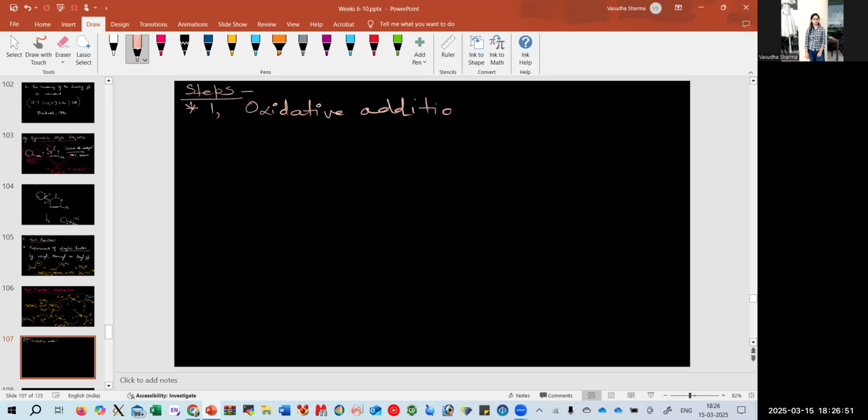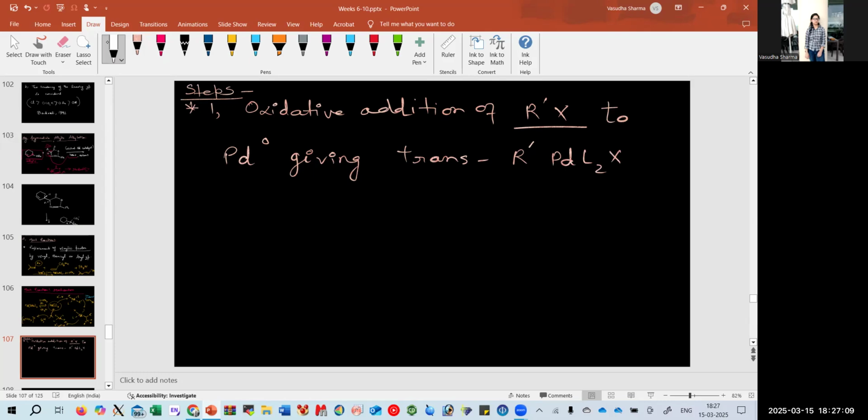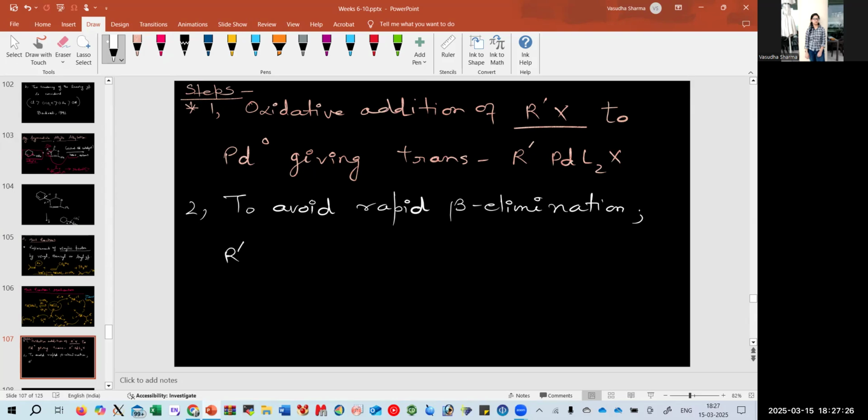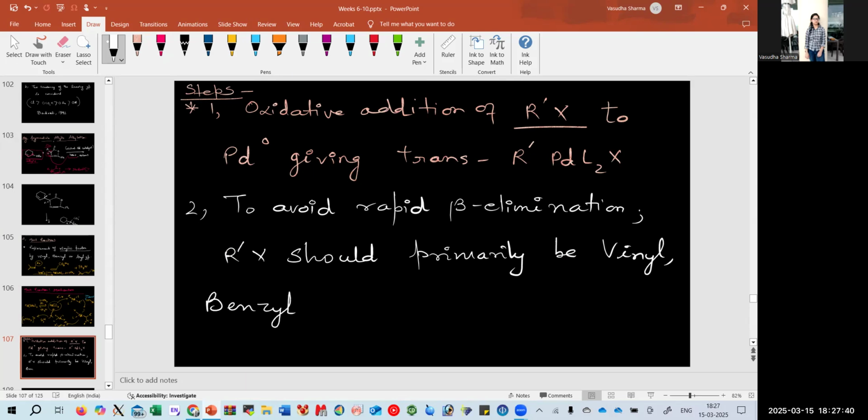First step is oxidative addition of your R-X to the palladium 0, giving the trans complex R dash palladium L2 and X. The second point, to avoid, because there would be a chance of rapid beta elimination if your R dash group is other than, meaning it should primarily be vinyl, benzyl, or aryl group.